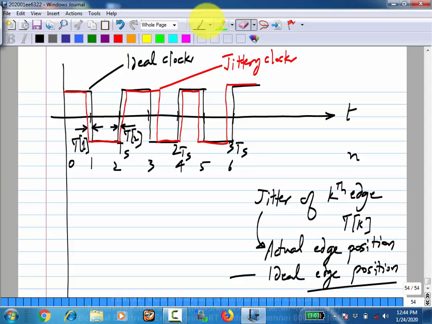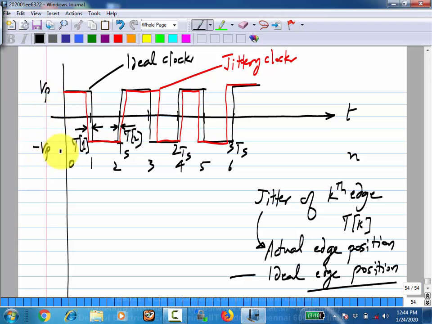Now what is it that we will do? We will look at the error, or the difference, between these two. First of all, we have the ideal clock. What will be the power spectral density of the ideal clock? I have a periodic square wave with a period of Ts and an amplitude of Vp and minus Vp.